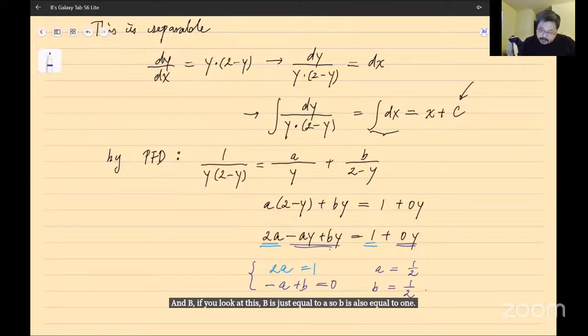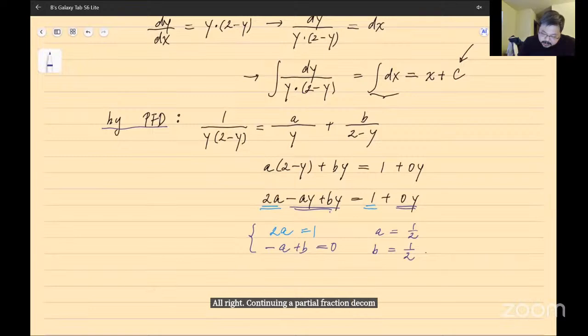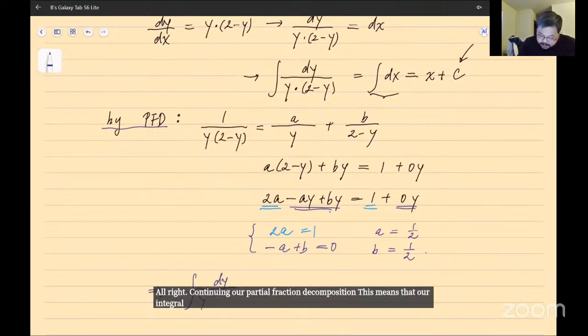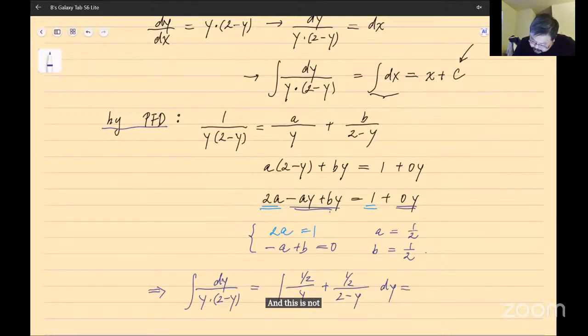All right. Continuing our partial fraction decomposition, this means that our integral dy by y times 2 minus y is equal to the integral of 1/2 over y plus 1/2 over 2 minus y dy. And this is not bad to integrate.